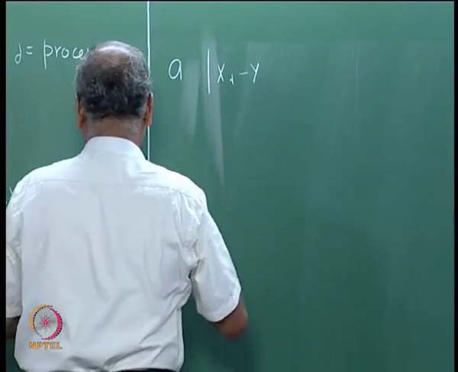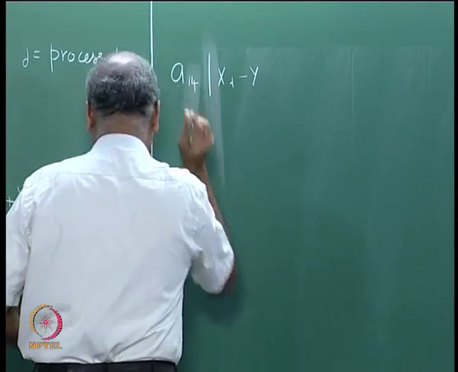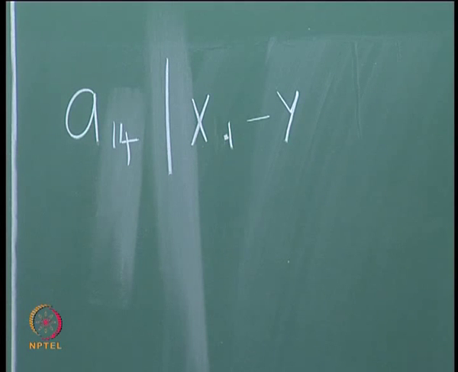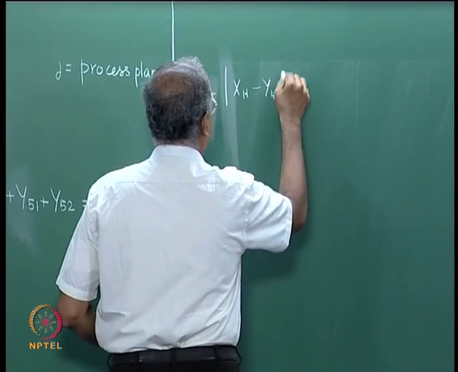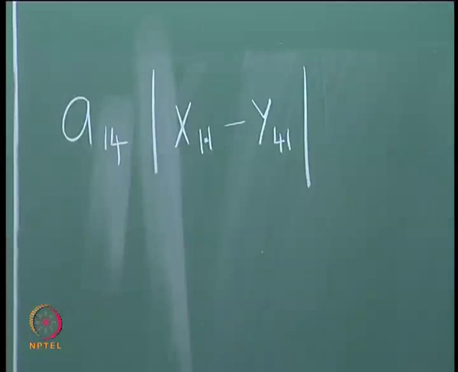A14 equal to 1, part family number 4 requires machine number 1 from this matrix, and then x11 will be 1, y41 will be 0. So, this will calculate one intercell move here.